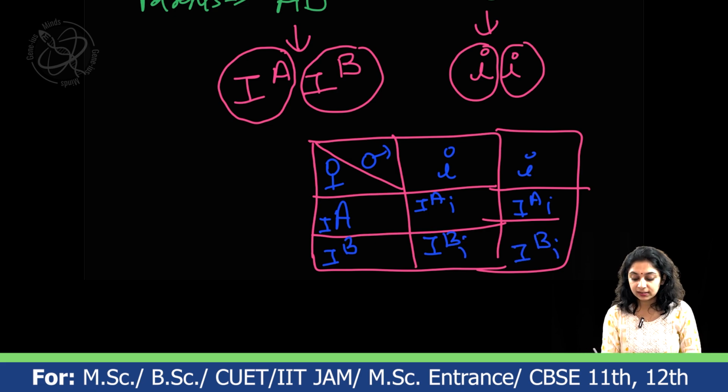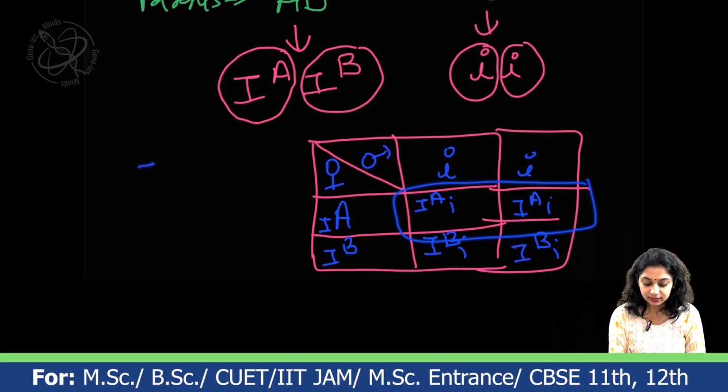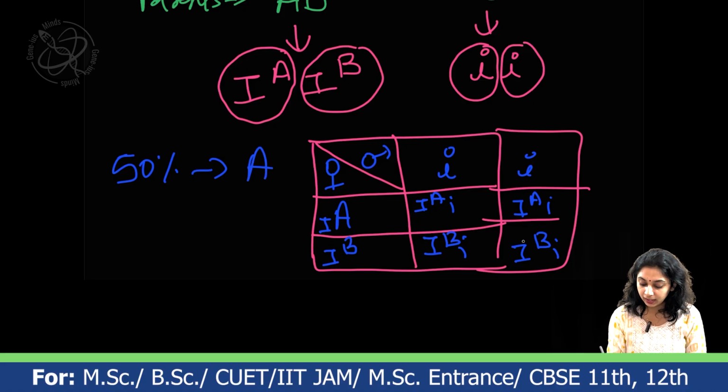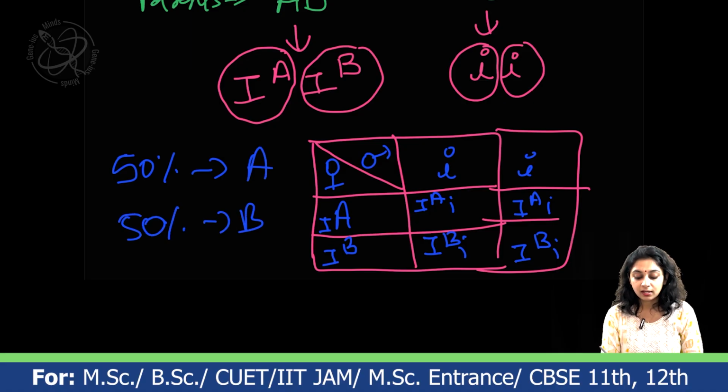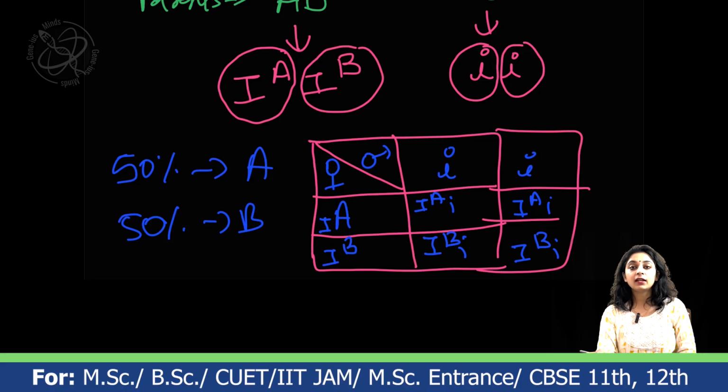Now you will see the probability of an individual having blood group A is 50%. Can you see here? The probability is 50% for A blood group, and for B blood group it is also 50%. In this manner you can find out the probability of their progeny.